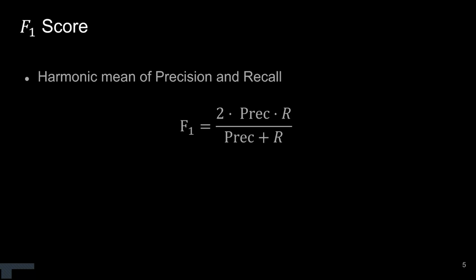To compare models, you need one number. So typically recall and precision are combined together into an F1 score. It's the harmonic mean of precision and recall. F1 score is very advantageous in the sense that it works well when you have a very imbalanced data set, because you're ignoring the total number of negatives.